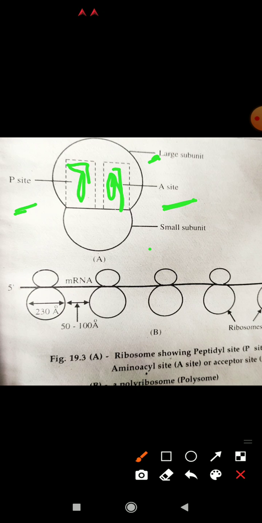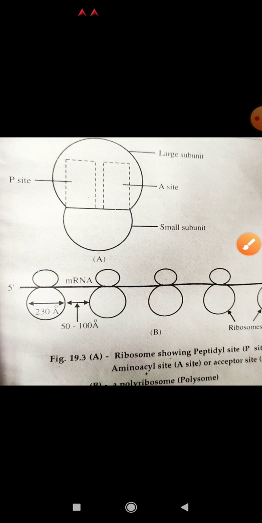The P site is also called the peptidyl tRNA binding site. This site holds the tRNA molecule which is linked to the growing end of the polypeptide chain.